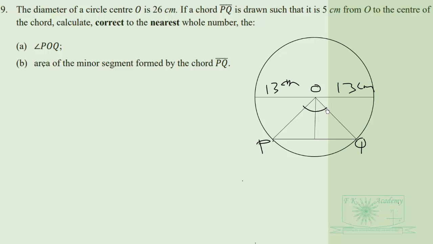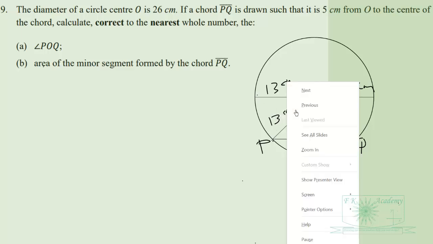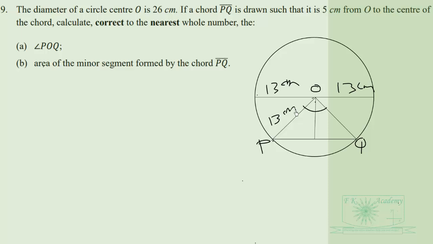We know that OP is also a radius, so it is also equal to 13 centimeters. Then this is 5 centimeters and this is 13 centimeters. So by Pythagoras theorem, let me call this one N, line segment PN squared, when we add it to 5 squared, you're supposed to get 13 squared.